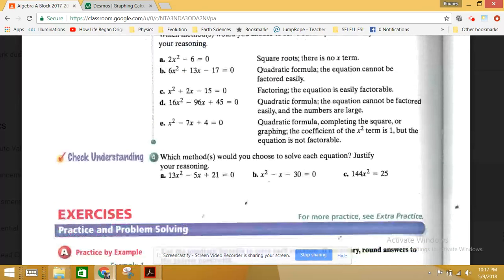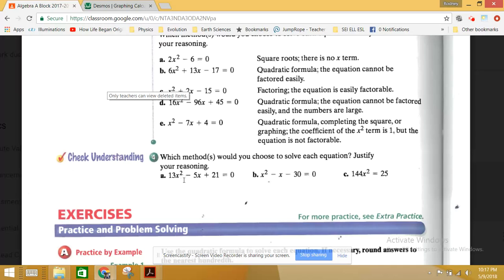So let's look at our options down at the bottom. We got 13x squared minus 5x plus 21 equals 0. In this case, I would use quadratic formula because my lead coefficient is 13. I've got all sorts of ugly coefficients. Negative 5 isn't so bad, but it does make completing the square annoying. If I wanted to complete the square, I'd divide everything by 13.